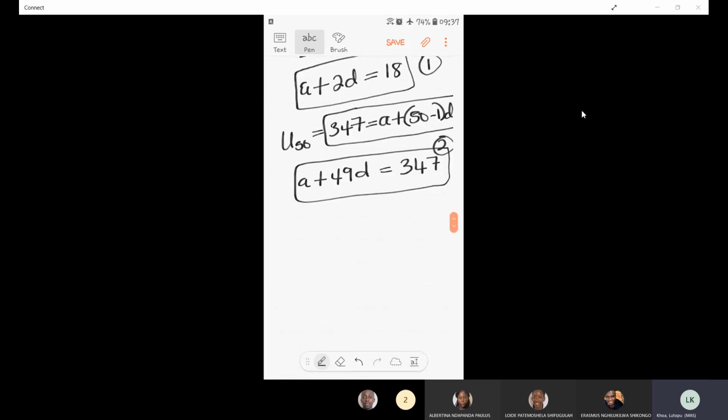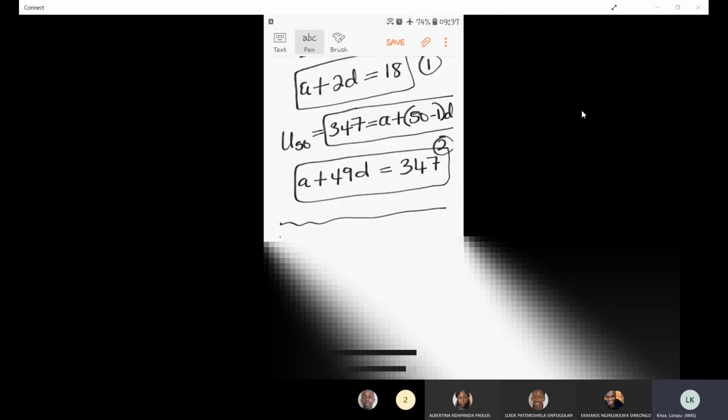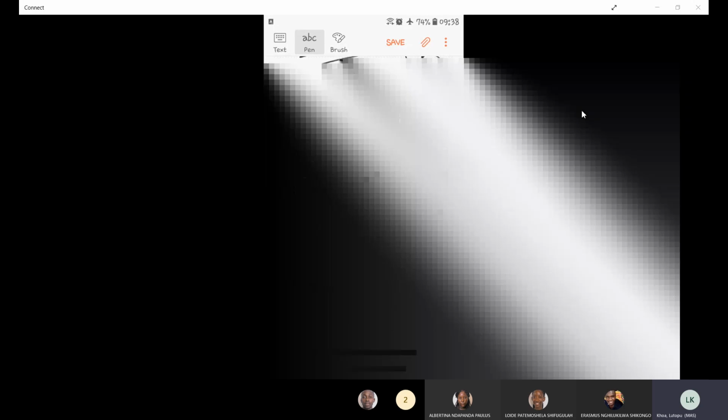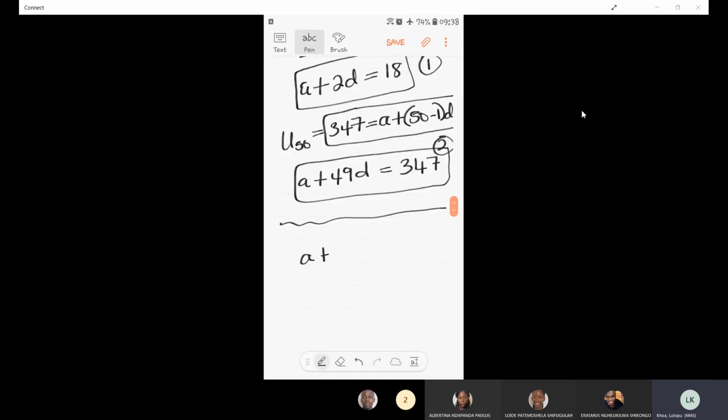Now, since the coefficients of a are the same, I will use elimination. So I will write a plus 2d is equal to 18, and then I have a plus 49d, and this is equal to 347.